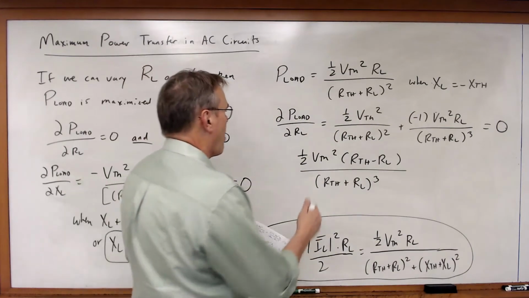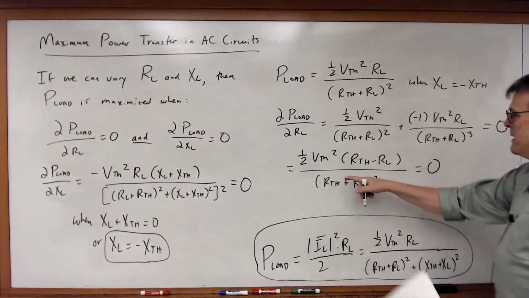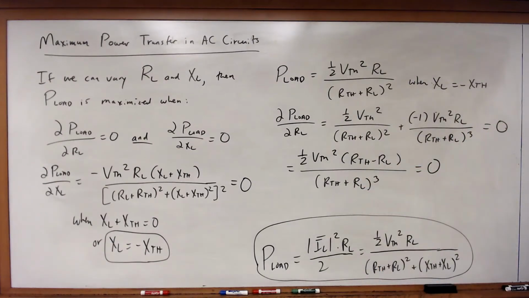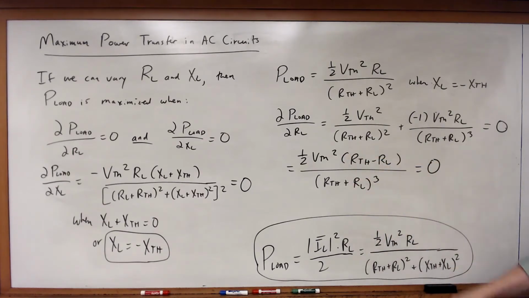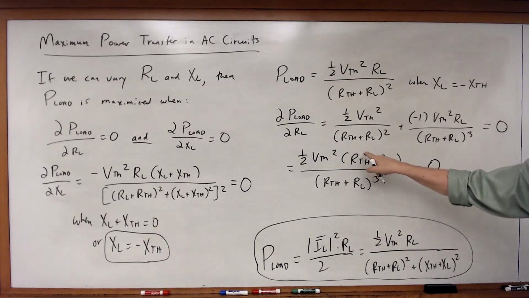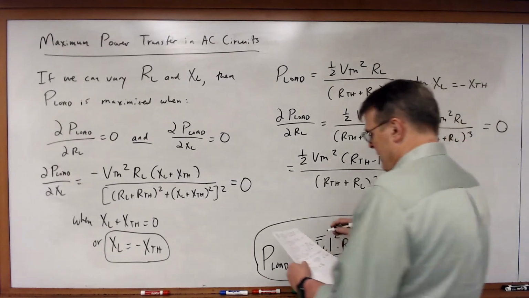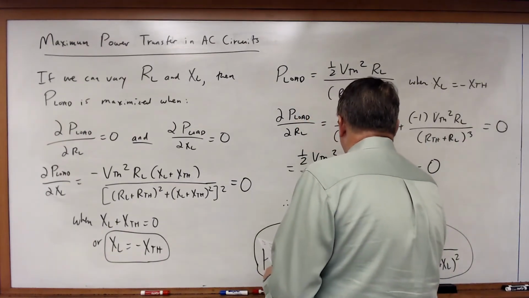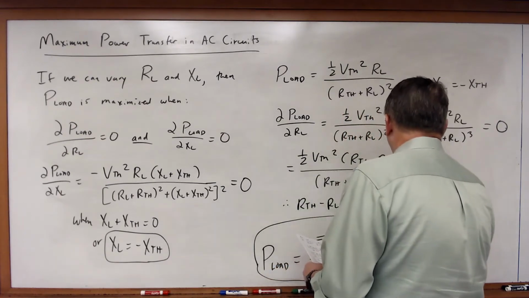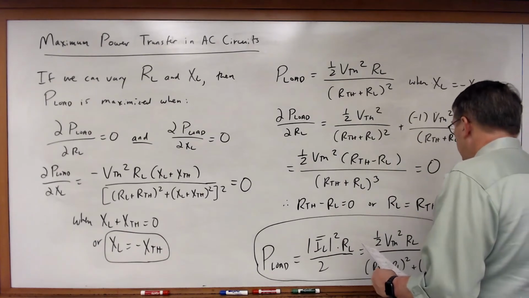And once again, this must be equal to 0. How do I make this equal to 0? Once again, make the numerator equal to 0. The easiest way to do that is to make RTH minus RL equal 0, or RL is equal to RTH.